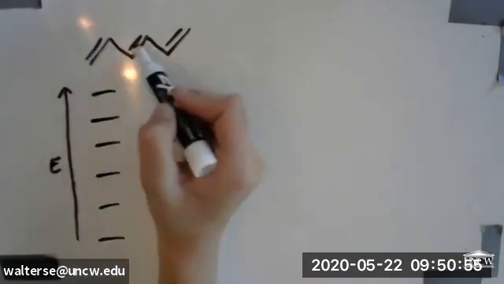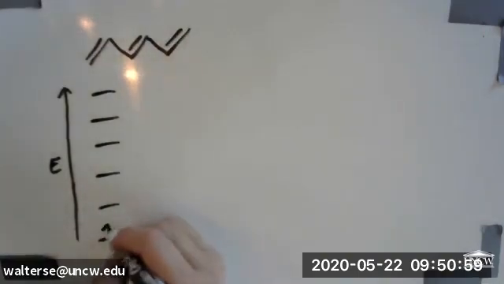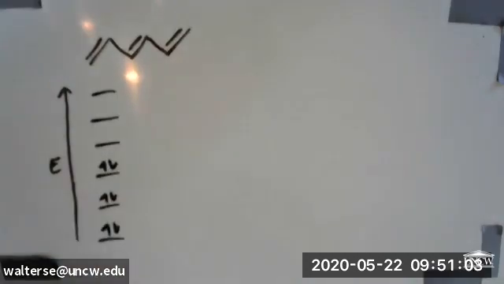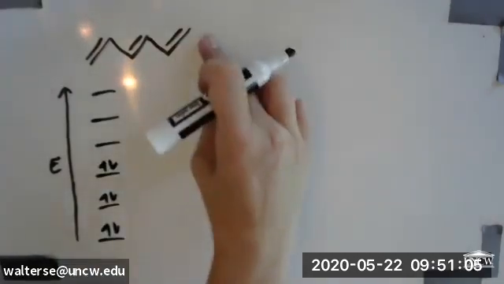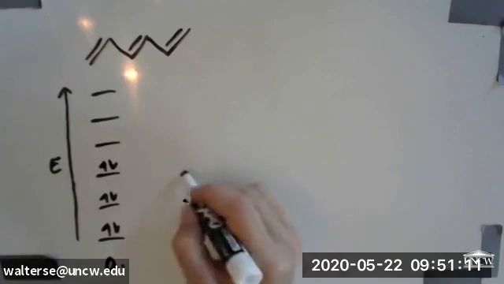There's 2 electrons, 2 electrons, 2 electrons, so 6 electrons in pi bonds. That would be the molecular orbital diagram for this. Maybe this is option A, but option B might just be like this.